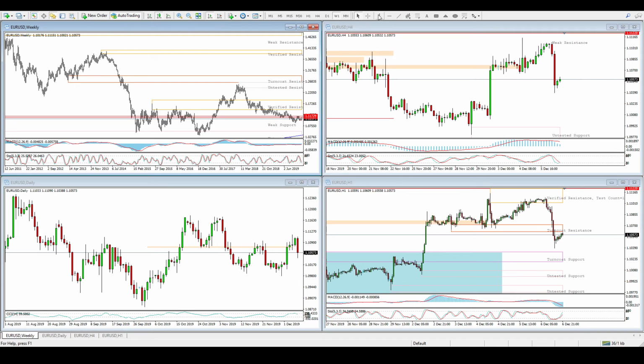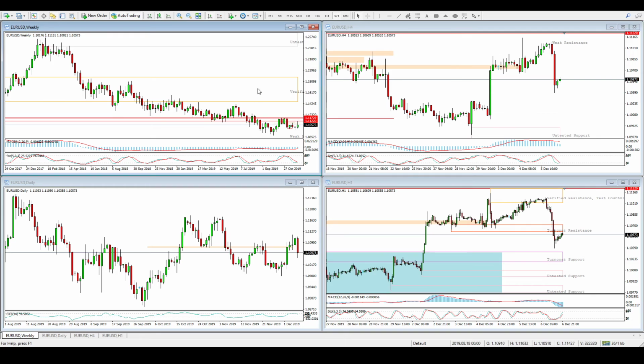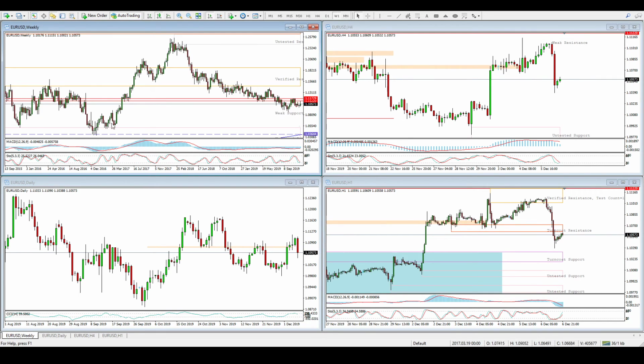On a weekly chart, let's zoom in. As you can see, the lowest low on this pair for the past 10 years is 1.0360, and right now the pair is trading around 1.1050, so very close to the 10-year low.